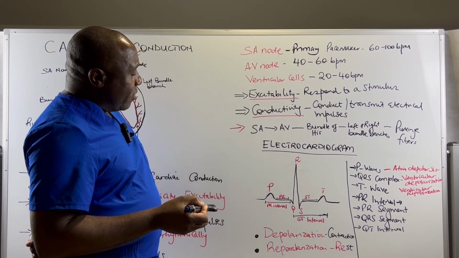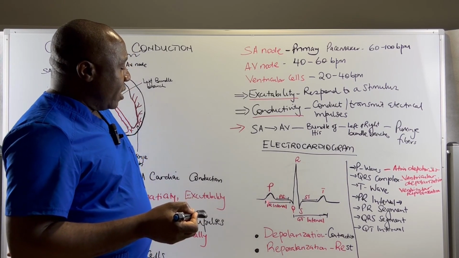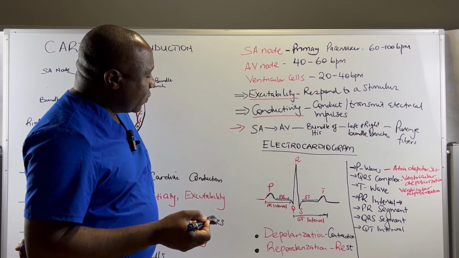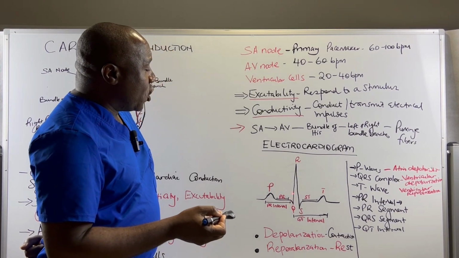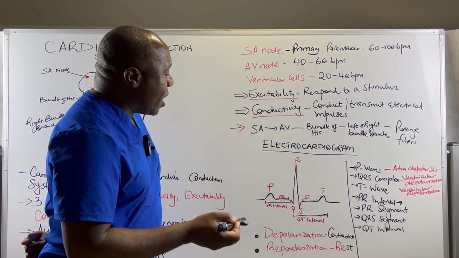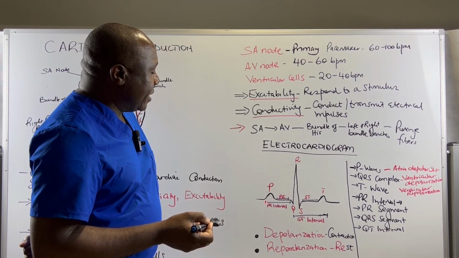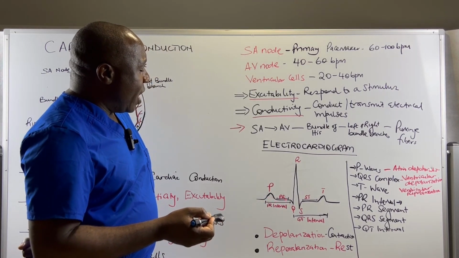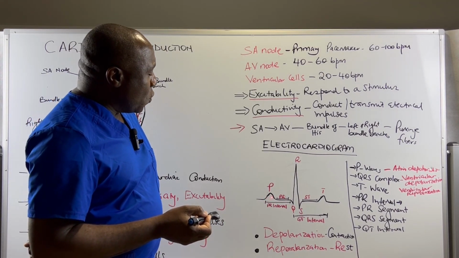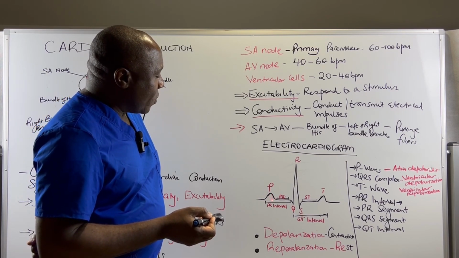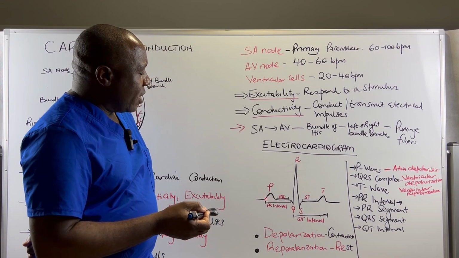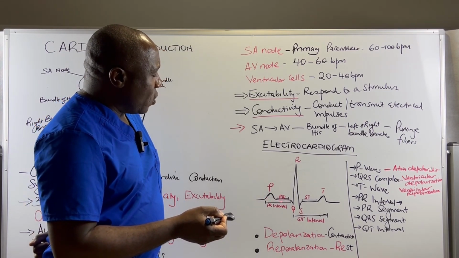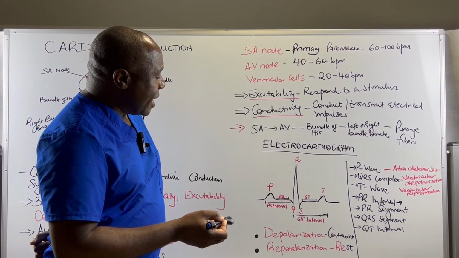Now we also have the PR interval. The PR interval is from the beginning of the P wave to the beginning of the QRS wave. It represents the travel of the electrical impulse through the atrium and the AV node. So when the impulse is traveling from the atria through the AV node, that is the PR interval.